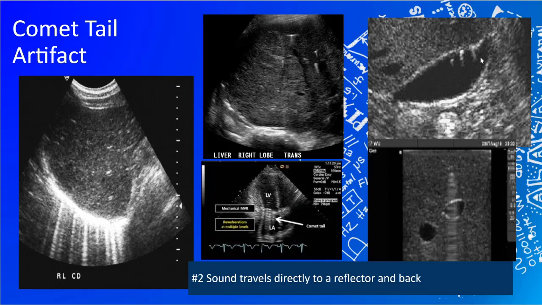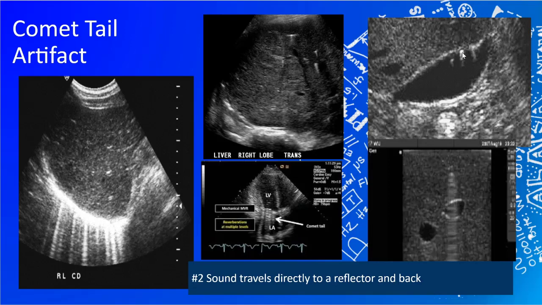So sometimes these comet tail artifacts can help us to diagnose diseases or pathology. Adenomyomatosis are a bunch of tiny little crystals that sit within the gallbladder wall, and they cause a different type of ringing with the sound beam.